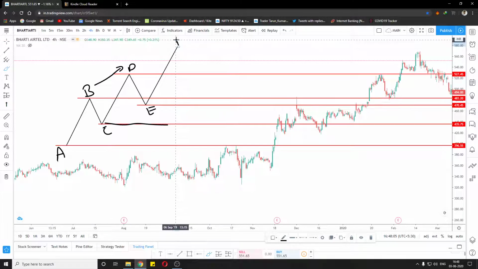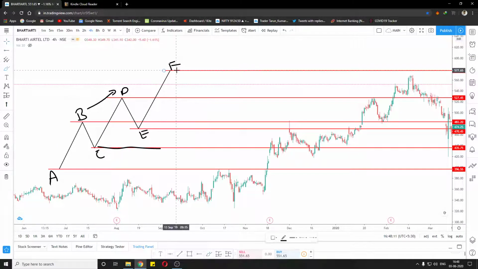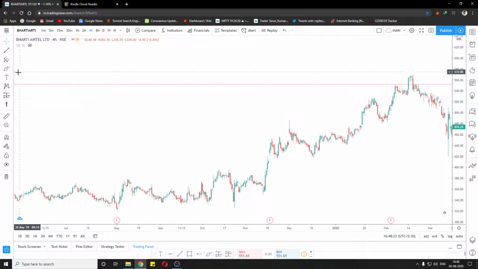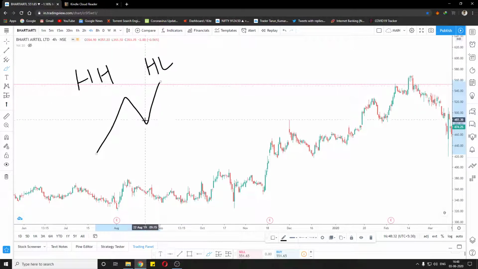So now this will be point F, and this is our F high, and the market will not cross below point E and the uptrend will continue. So this is how an uptrend goes. Remember this line, it will make higher highs and higher lows. It will not cross this low. If it crosses, then the uptrend is broken.